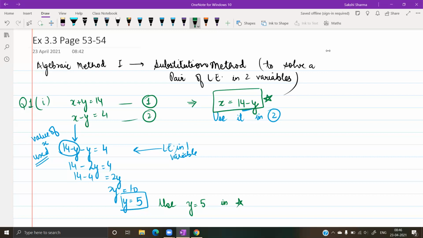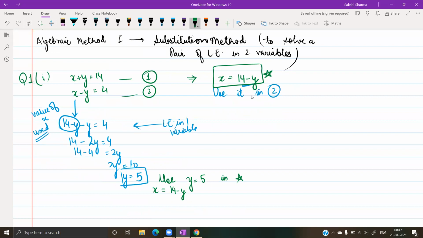The value of x you had obtained, use the value of y over there. I'm just rewriting that. x is equal to 14 minus y. यहाँ पे y की value put कर दो. My answer.